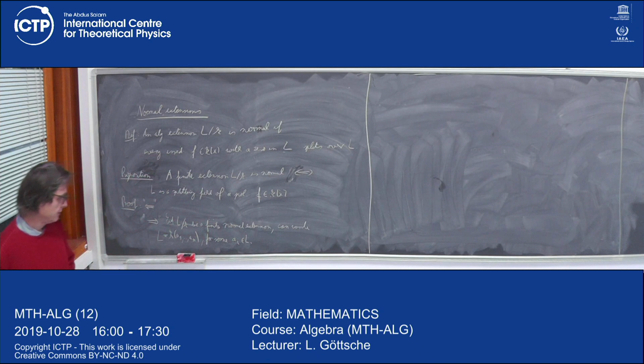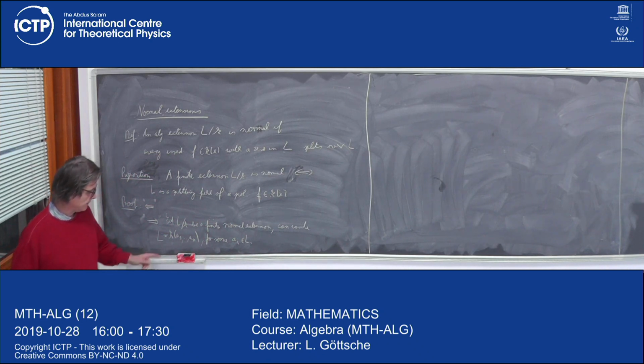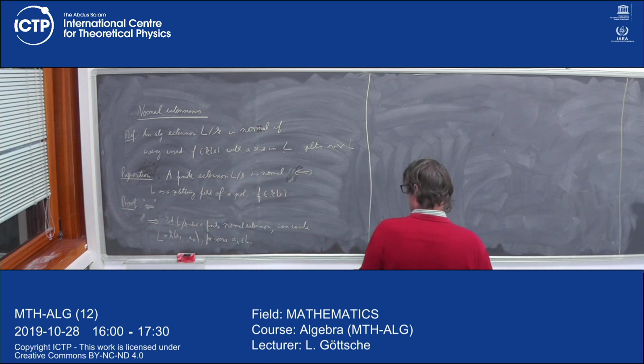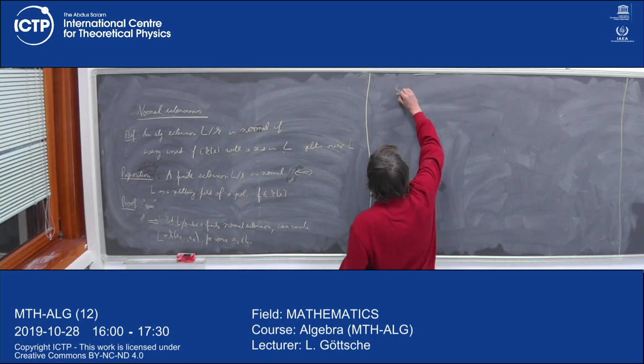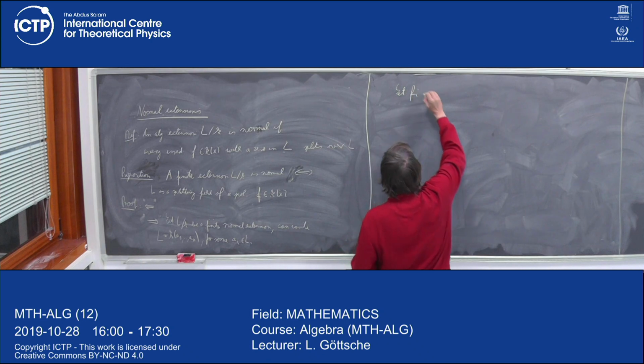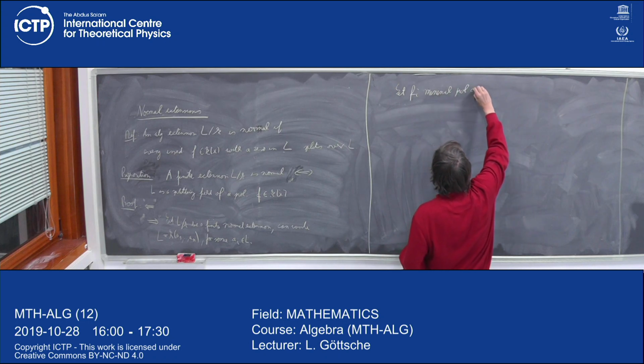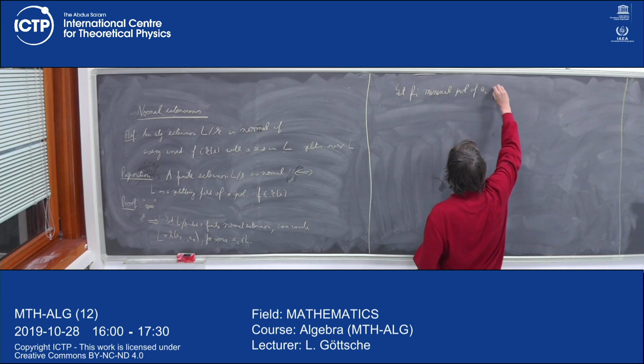Now we know that finite extensions are finitely generated algebraic extensions, by adding finitely many algebraic elements. So let f_i be the minimal polynomial of a_i over K.